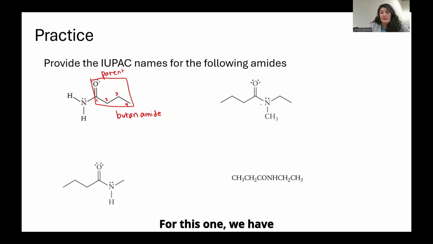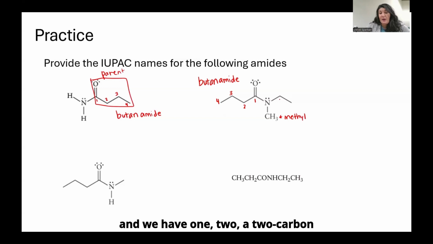For this one, we have 1, 2, 3, 4 carbons off the carbonyl carbon. So this is butan again. Amide is our ending. On the nitrogen, we have a 1-carbon substituent, which is methyl, and we have a 2-carbon substituent, which is ethyl.